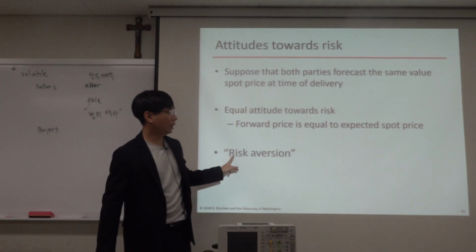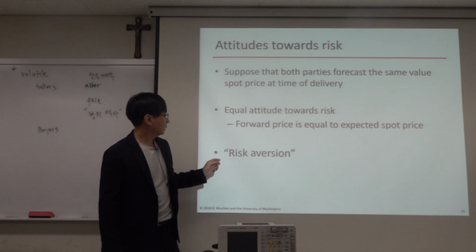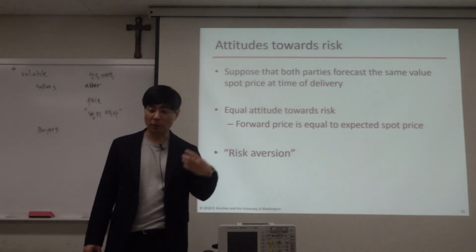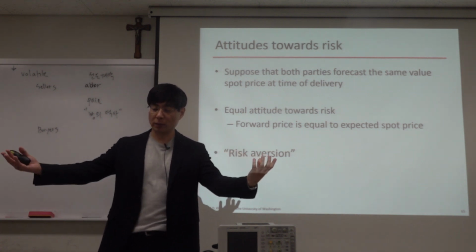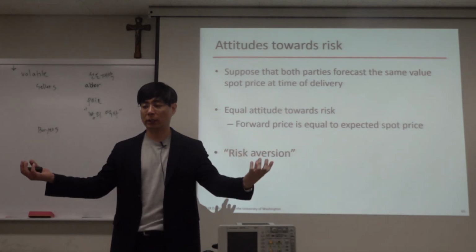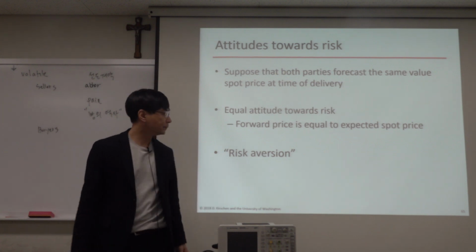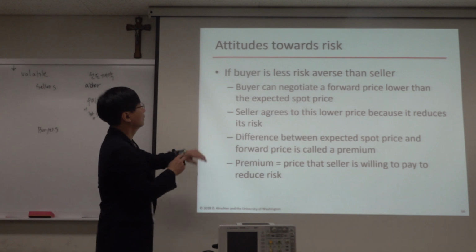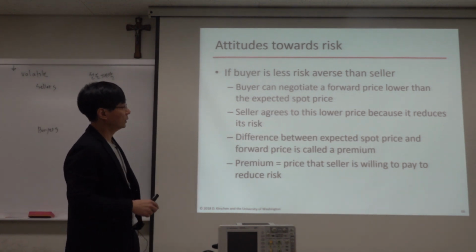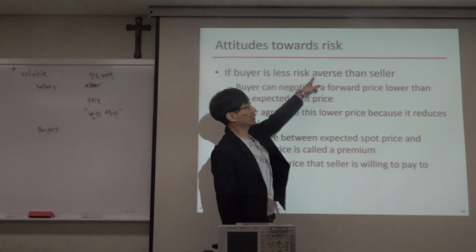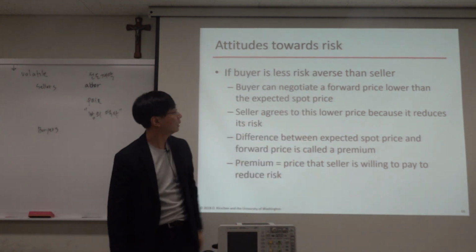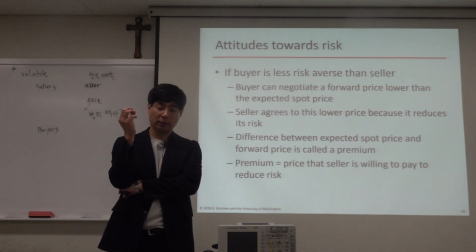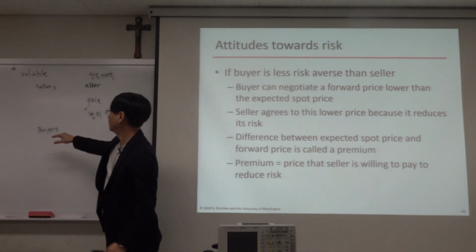But what if they are different? They have different positions on the risk. Someone is willing to take the risk. The other guy is reluctant to take the risk, or risk averse. So in this example, if the buyer is less risk averse, risk taking, he's bold, than the seller, then what is the meaning of risk taking from the buyer's perspective?